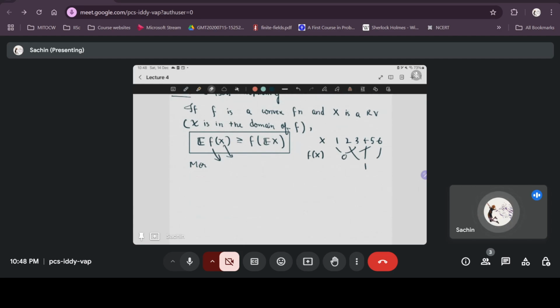Because in the 2 point example, there also both the random variables can go to the same function value.